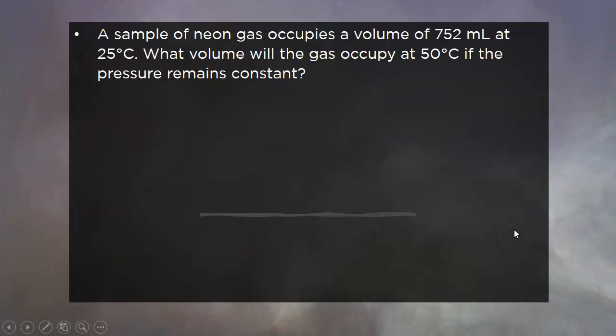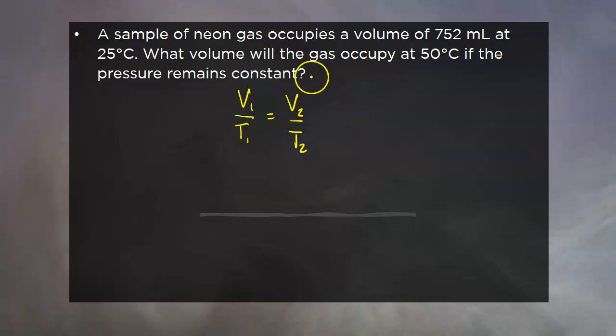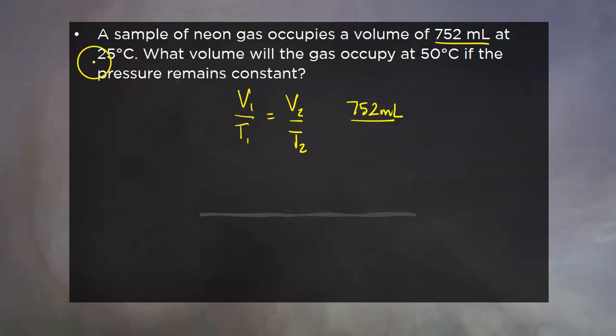So looking at that in terms of a problem, we can take this sample of neon gas and use volume 1 over temperature 1 equals volume 2 over temperature 2. In this case, volume 1 is 752 milliliters. Temperature 1 is 25 degrees Celsius, but I'm not going to write that as Celsius.